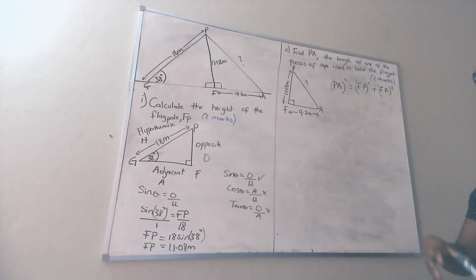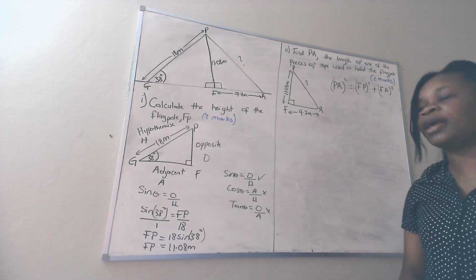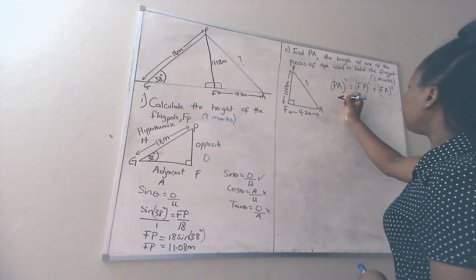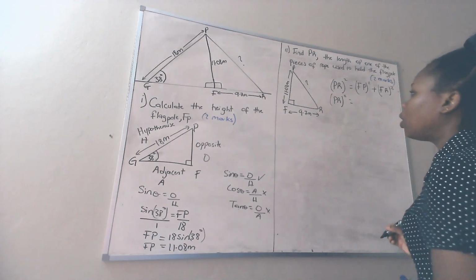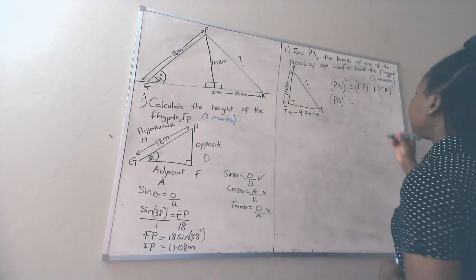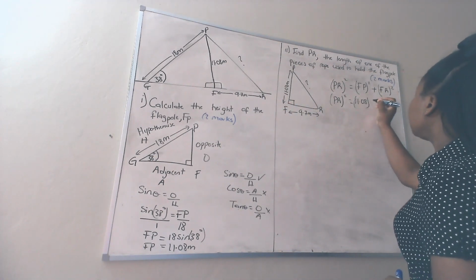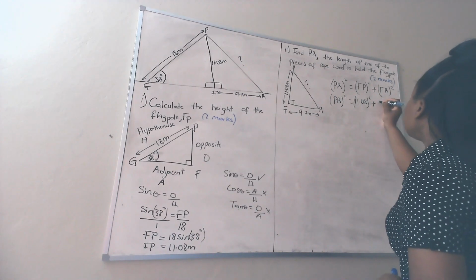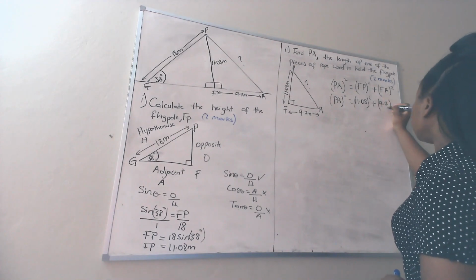We need now to substitute, or inject, what we have so far into this equation. So we're finding PR squared, and that's equal to, what is FP? FP is 11.08, and we're going to square that, plus FR, which is 9.7, and we're going to square that.